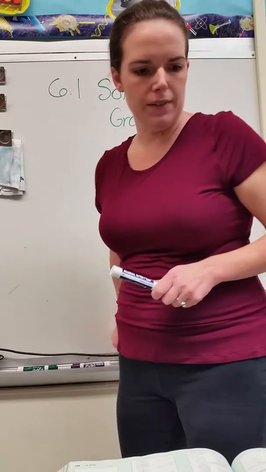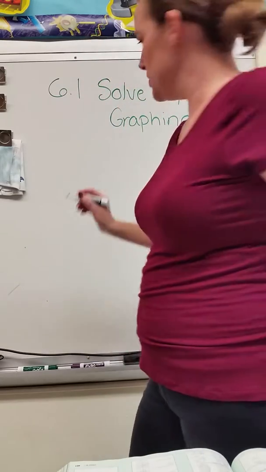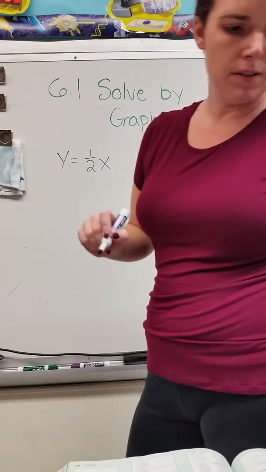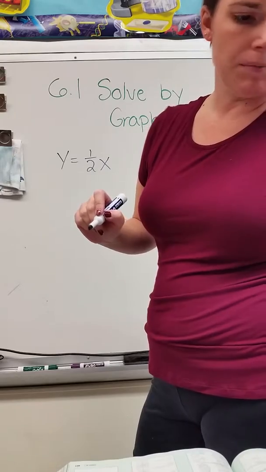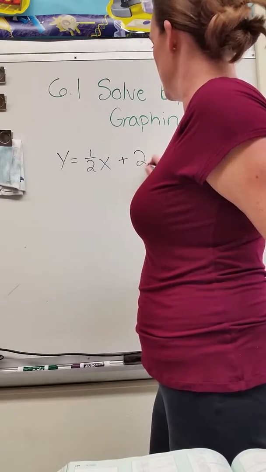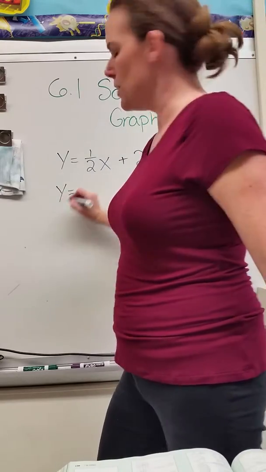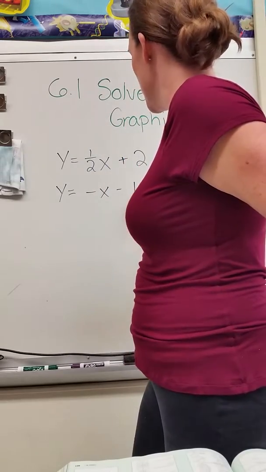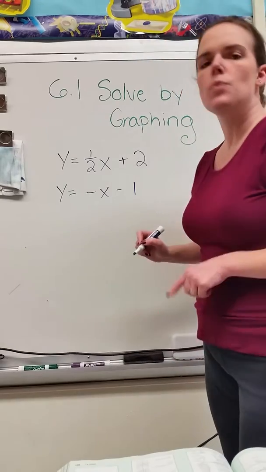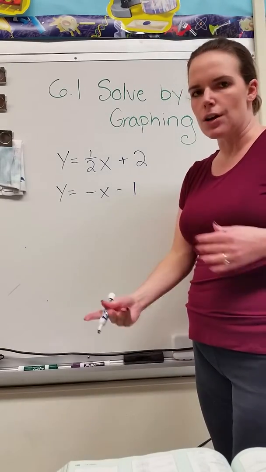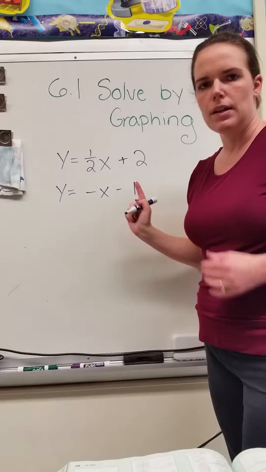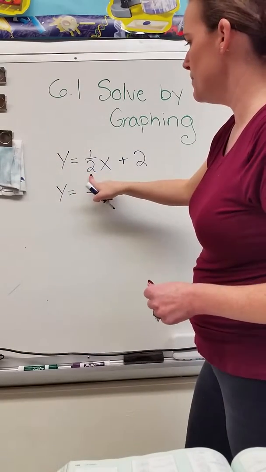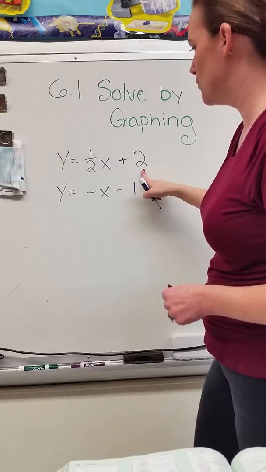If you are given y equals 1/2 x plus 2, and you're also given y equals negative x minus 1, this is one where you might want to consider solving by graphing because they're already in that y equals mx plus b format.